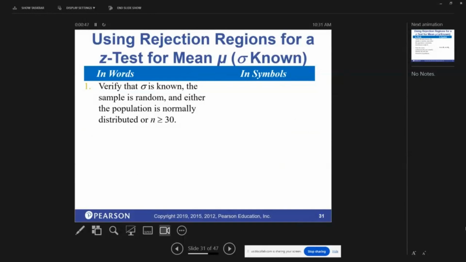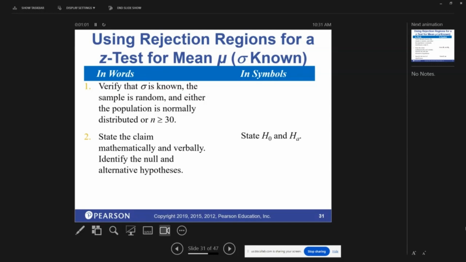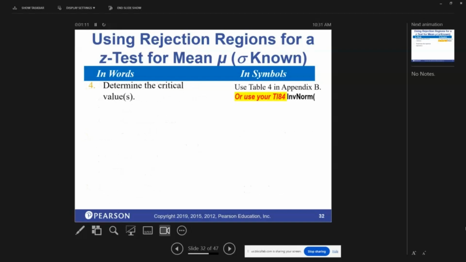So here's a kind of summary of how to use rejection regions for a z-test. You're going to verify that the standard deviation is known, the sample is random, and either the population is normally distributed or n is greater than or equal to 30. Then you want to state your H sub 0 and H sub A. Then you want to find alpha. And you want to find the critical values.